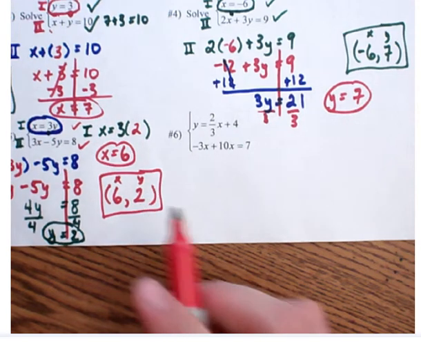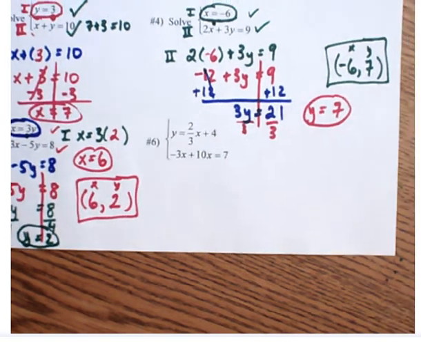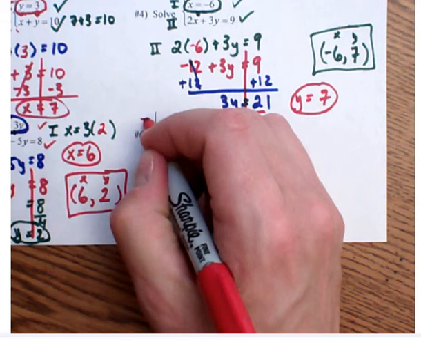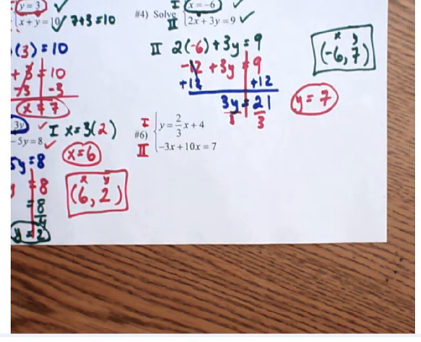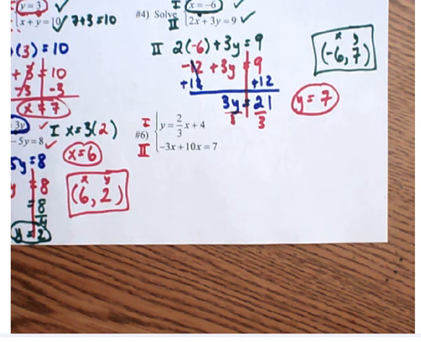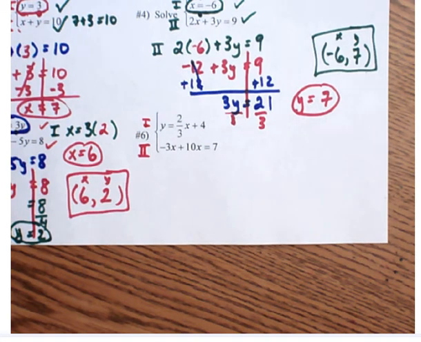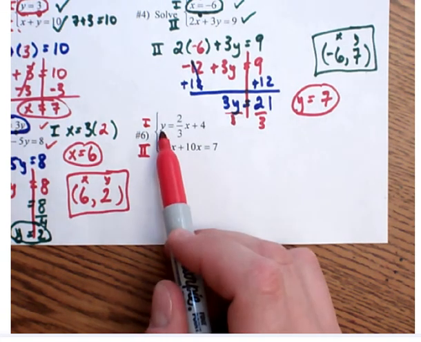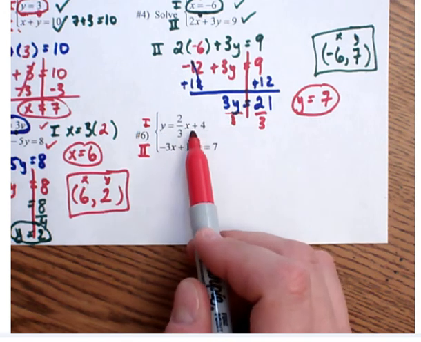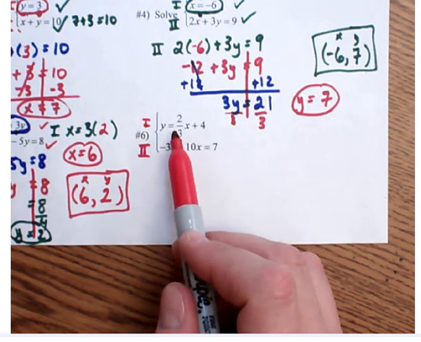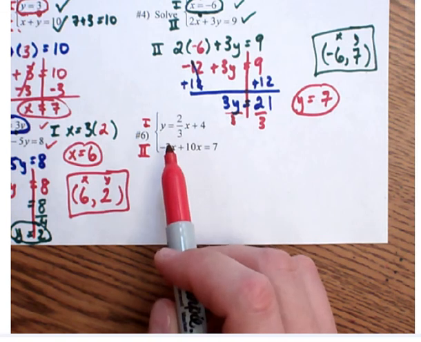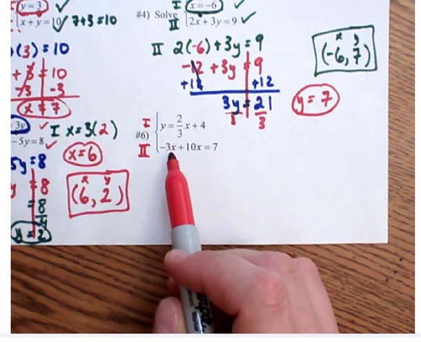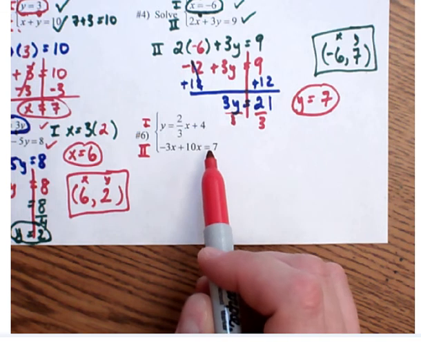Let's do one more problem here, number 6. When you're doing these, you're always looking for the best way to do it because you're going to know 3 different methods. Equation 1 is y equals 2/3 x plus 4. Messy, but it's y equals, which is nice. Now equation 2, negative 3x plus 10x is equal to 7.